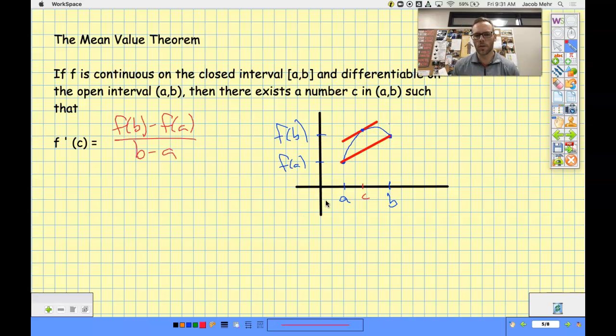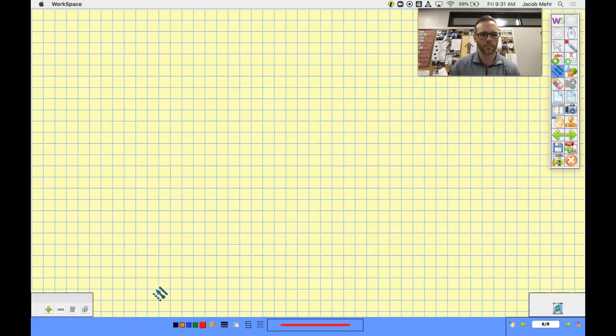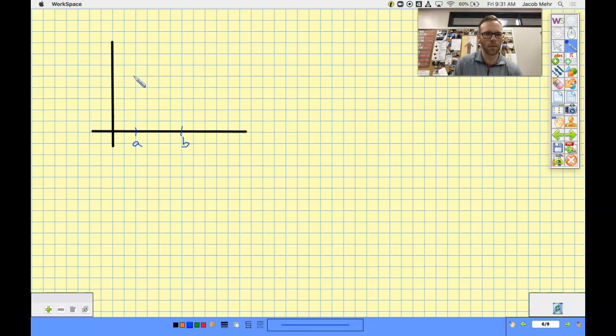So that's what we have. Let's draw some other graphs here as well, just to keep playing around with this idea. Last time I had f of a lower than f of b. What if I put f of a up higher and f of b down lower?